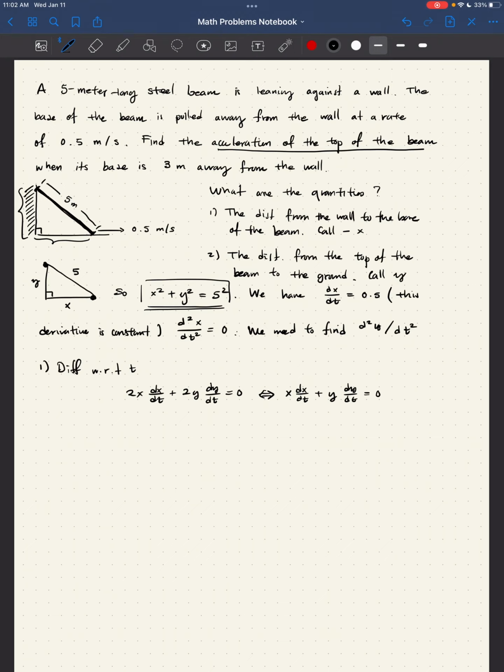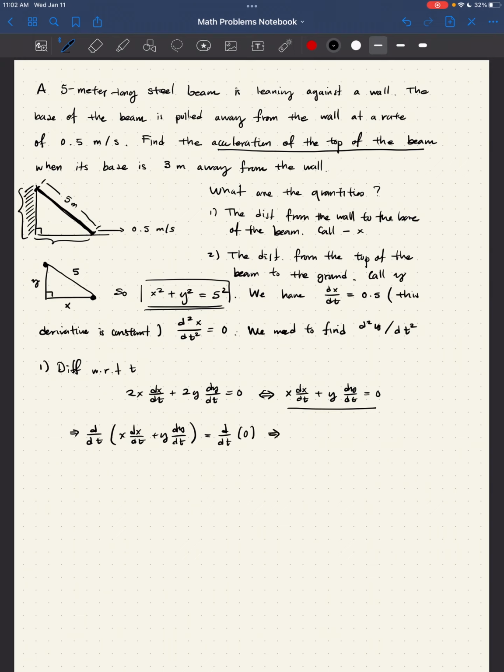Well, that means that we can now introduce the second order derivatives by taking another derivative with respect to t. So from this equation that we have here, we'll just differentiate one more time with respect to t and obtain the following expression: differentiate both sides with respect to t, x dx/dt plus y dy/dt is equal to d/dt of 0.